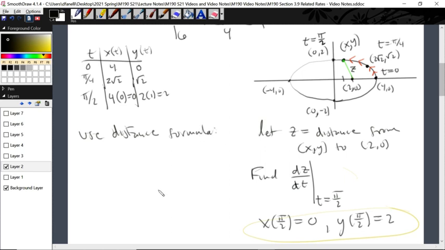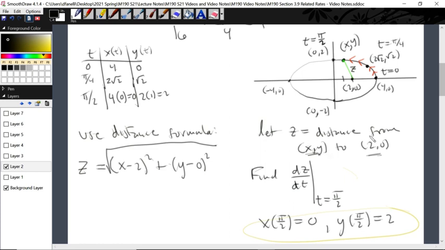That is that z squared is going to equal x minus 2 squared plus y squared, or y minus 0 squared. If we want to know the distance between the point x, y and 2, 0, we take the square root of x2 minus x1 squared plus y2 minus y1 squared. That's the distance formula.